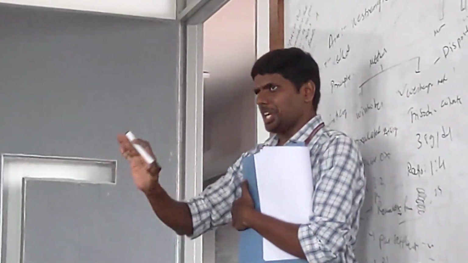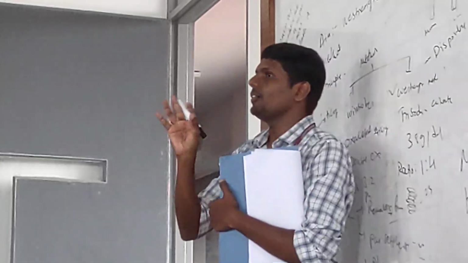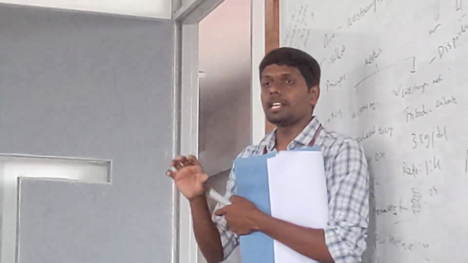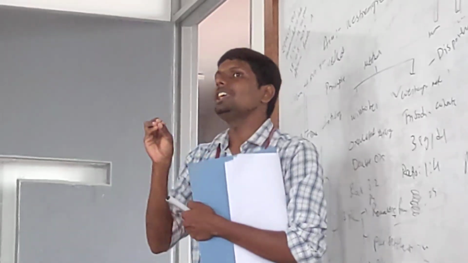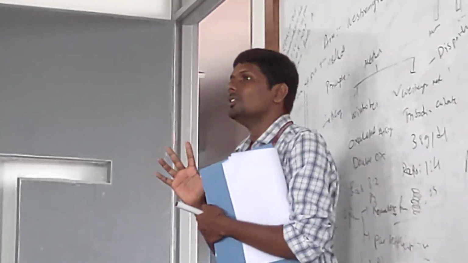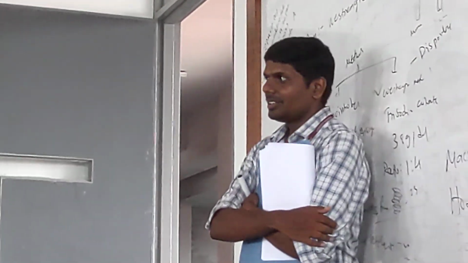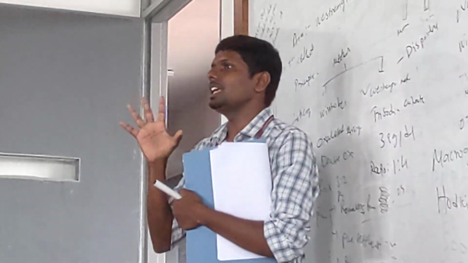Listen. A patient has a chronic tuberculosis infection in the lungs. What will be the ESR value? More or less? More. Try to understand my question. A patient has a chronic infection. What is the ESR value?